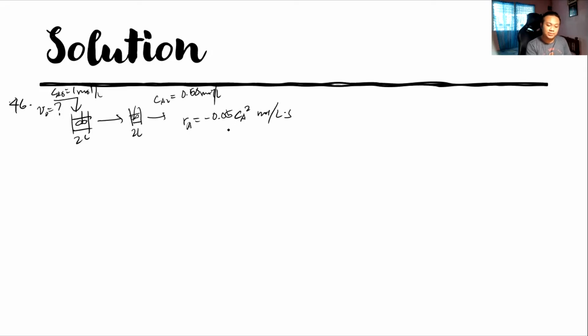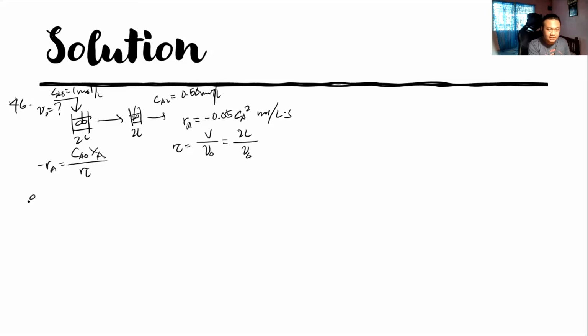Yan. So the magic equation that I am always throwing at you for a CSTR is this. Diba? kCa over tau. Now, kabalo man ta sa tau, it's just the volume over volumetric flow rate, that is 2 liters over VO. Yan, diba?